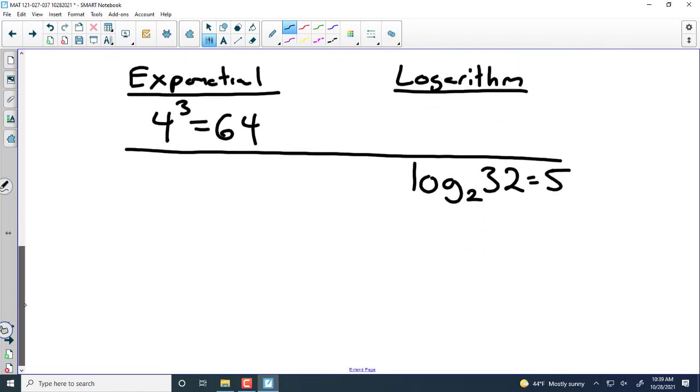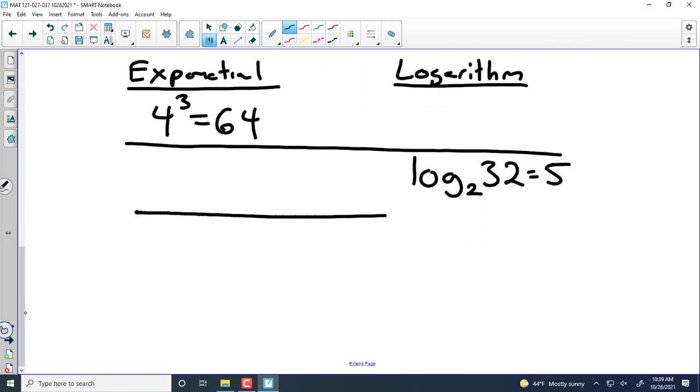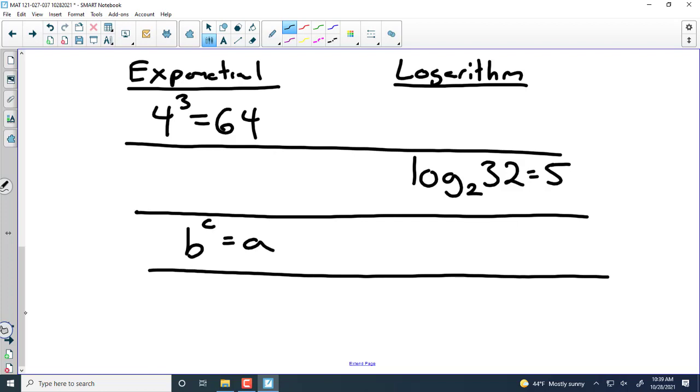And then over here, I will write another exponential statement with the letters B, C, and A. And over here, I will write a logarithmic statement with the letters M, N, and P.